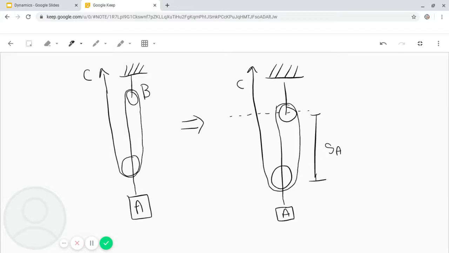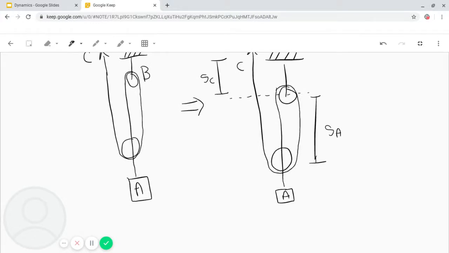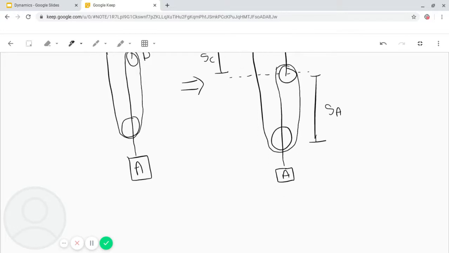And then we just need one more, and we're going to call this SC. So we have the diagram in terms of SA and SC, and that's really all we need because that will account for all of the lengths of rope.